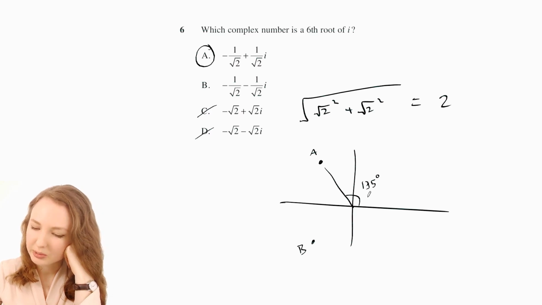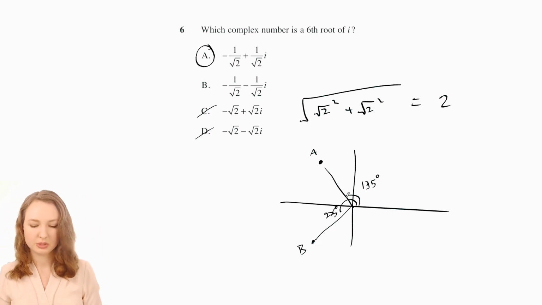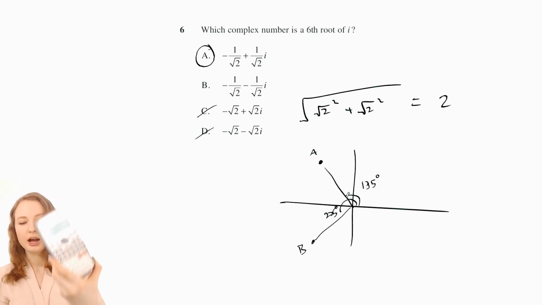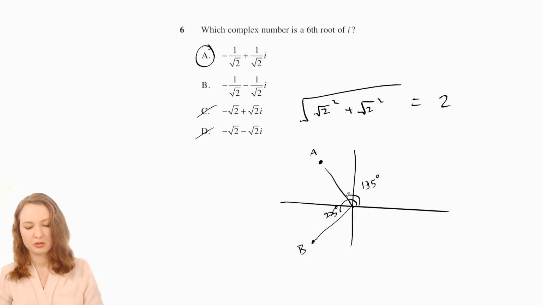Probably should be working in radians, but that's all right. And that one's 225. You can do that times 6 on your calculator if you like: 135 times 6, and then you can take off 720, so 2 revolutions, and that will give you hopefully 90 degrees. Yep.